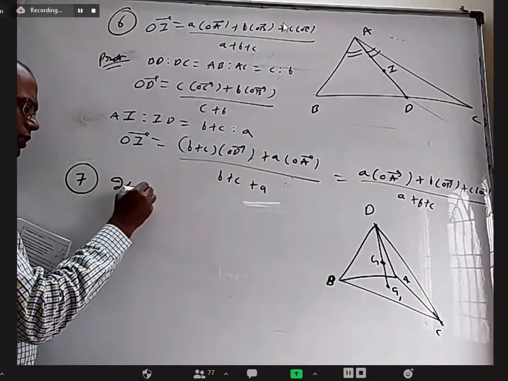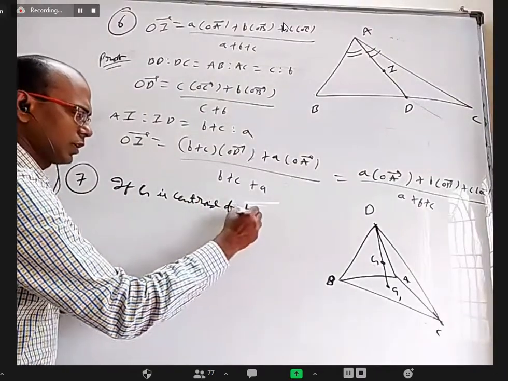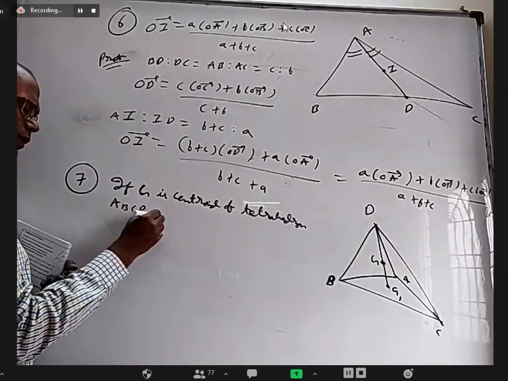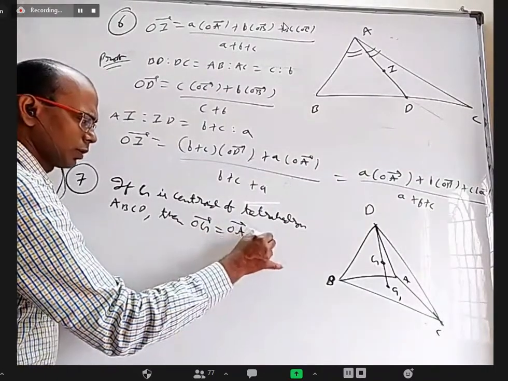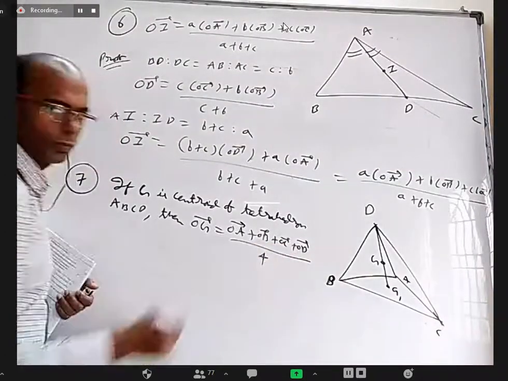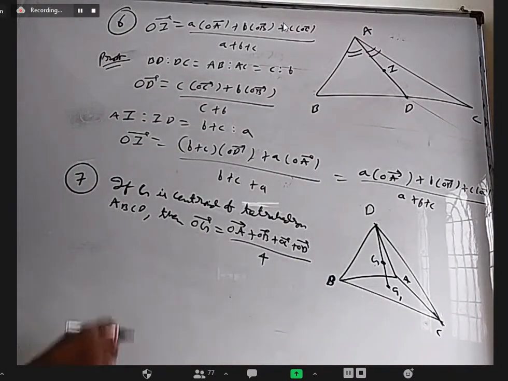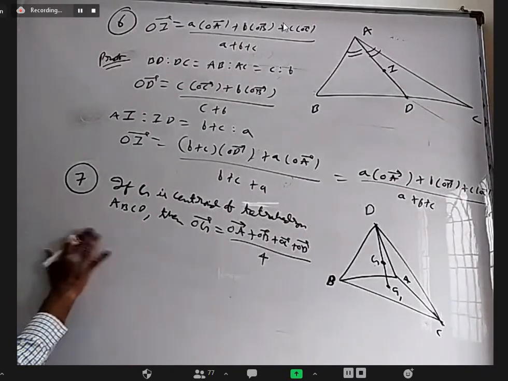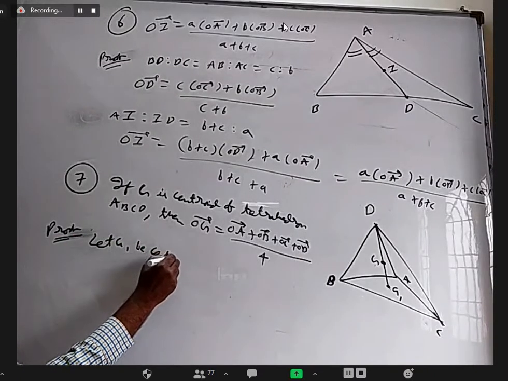If G is the centroid of tetrahedron ABCD, then OG bar is OA bar plus OB bar plus OC bar plus OD bar by 4. How did we prove it? Proof. Let G1 be the centroid of triangle ABC.